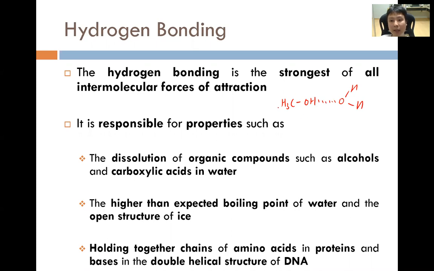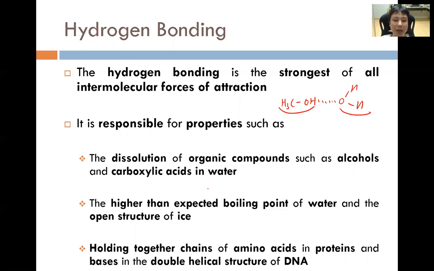So we will say that the interaction between this alcohol and this water is through hydrogen bonding, which is the strongest among all 4 types of intermolecular force of attraction. The interactions are compatible, and that's the reason why water will be able to dissolve some organic compounds that can interact through hydrogen bonding with water.